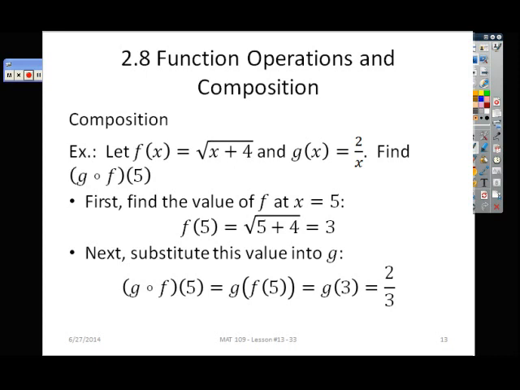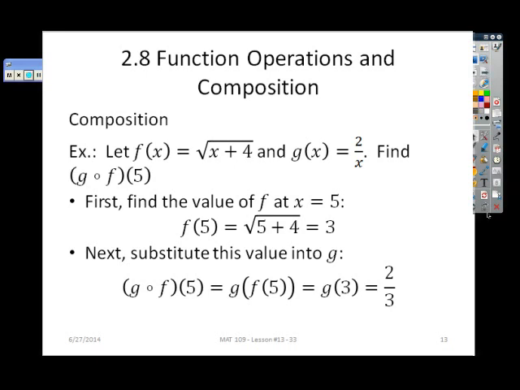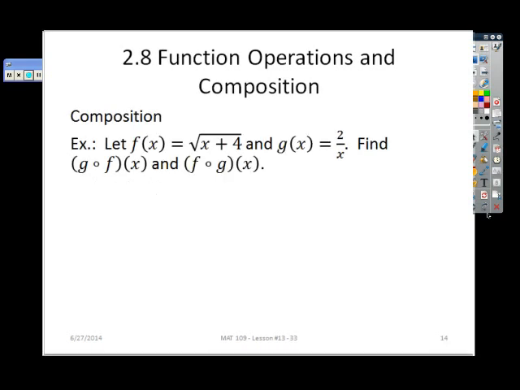And remember, of means open a set of parentheses. G of f of 5. Working with the numbers is easier than working with the x's.